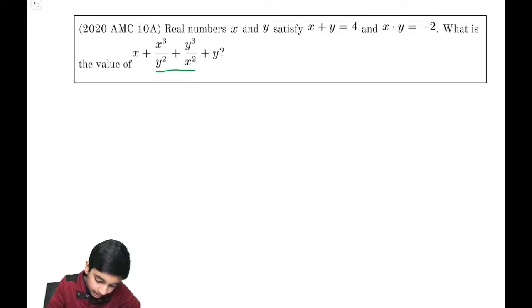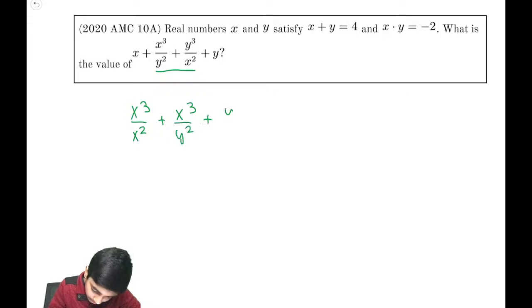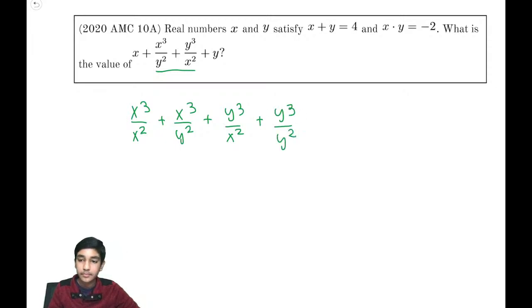What we can do here is make this into x cubed divided by x squared plus x cubed divided by y squared plus y cubed divided by x squared plus y cubed divided by y squared. Okay, so what we notice here is that these terms and these terms are very similar, right? Same thing for these two terms.